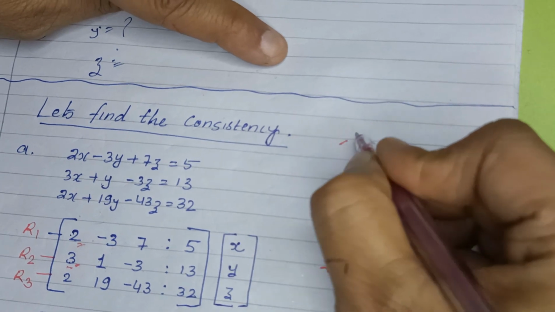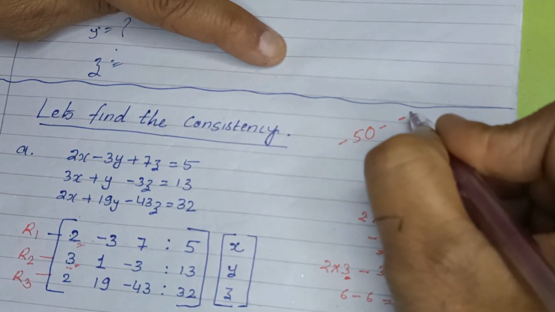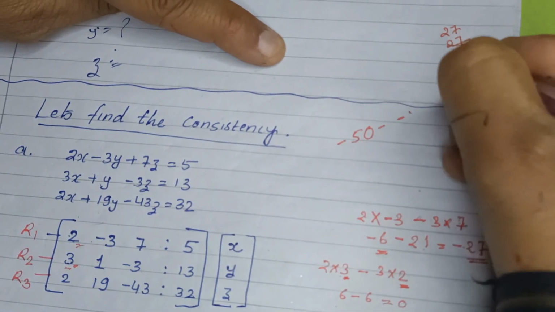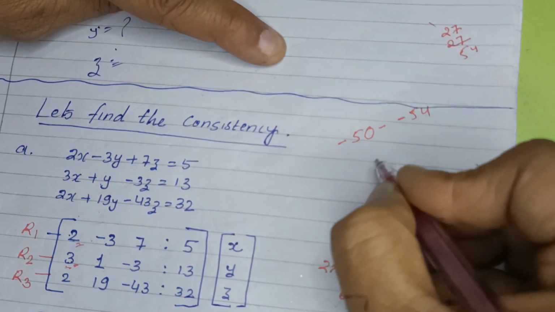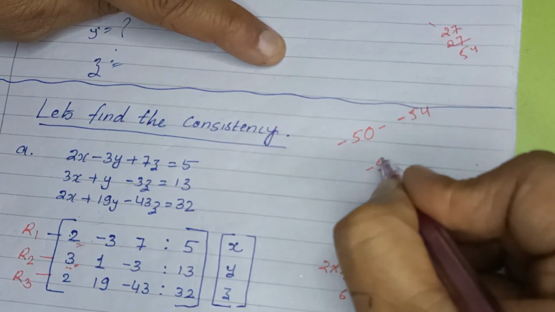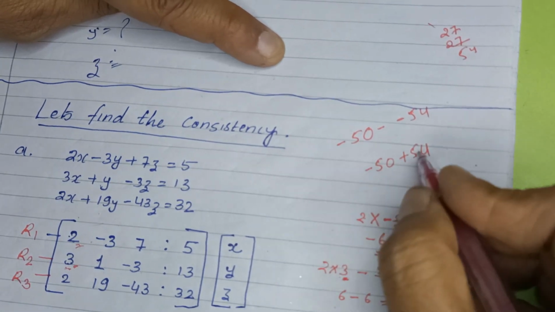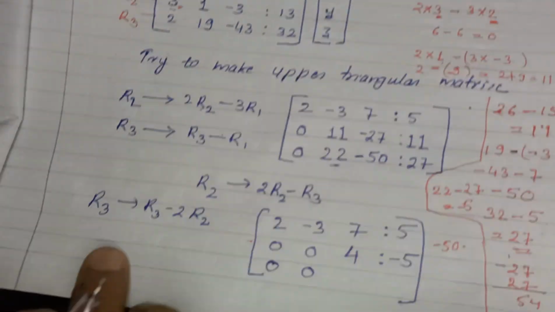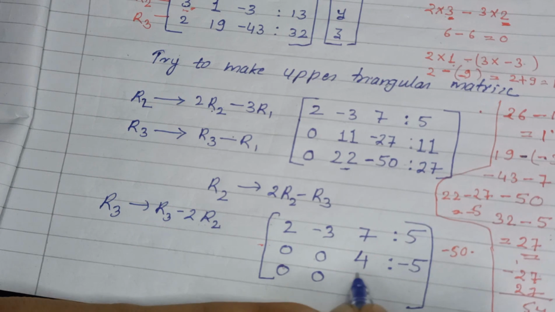So minus 50 we have, then minus 27 doubled is 54. So minus 54, that means again we are getting minus 50 plus 54. So we are getting 4, the value 4 again. So here also we got the value 4.